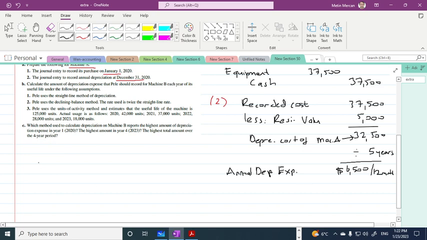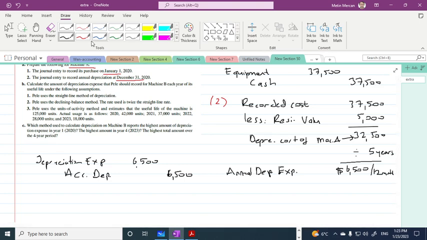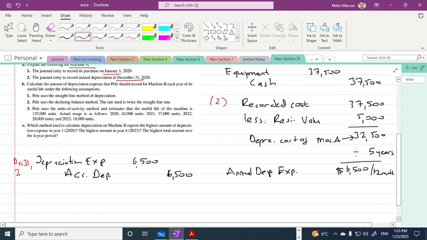What you need to do here is record depreciation expense $6,500 and accumulated depreciation $6,500. We do this on December 31, 2022.